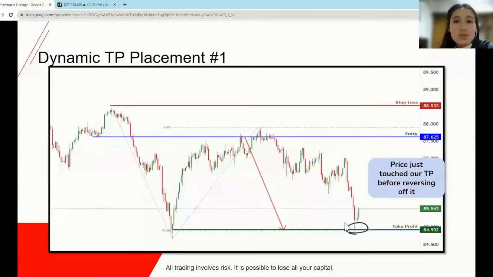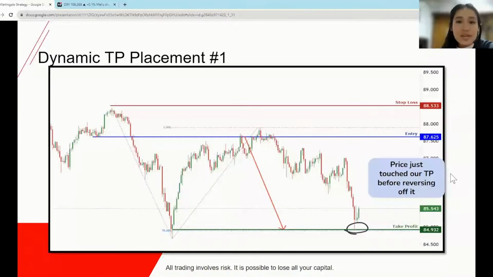Instead of placing it beyond it, I placed it slightly before, and you can see price just touched our take profit before reversing off of it.